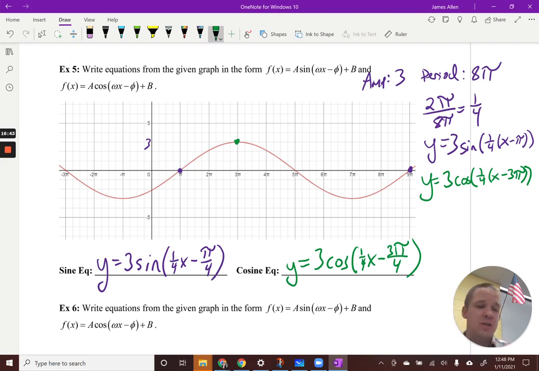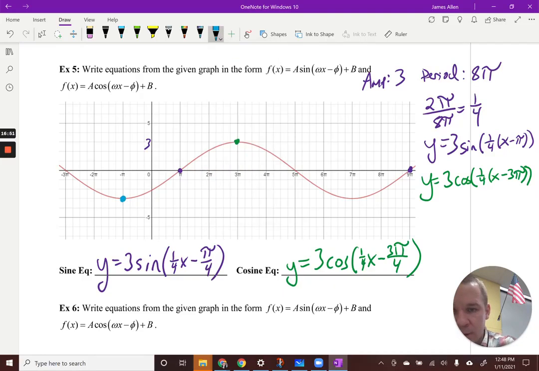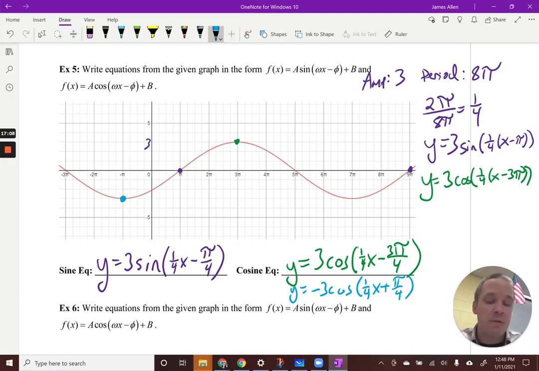In fact, you could have shifted to the left pi. If I did that one in light blue, I'd have y equals negative 3 cosine 1/4 x, and it would have been plus pi, so plus pi over 4 for my final if I were to go that route.